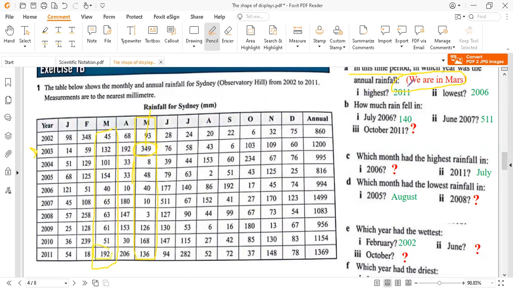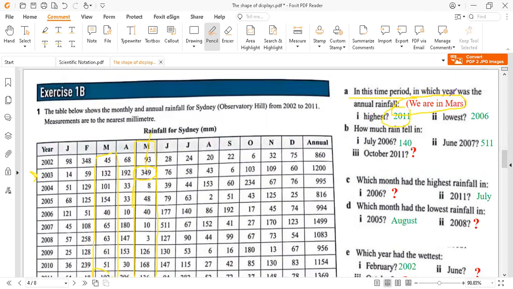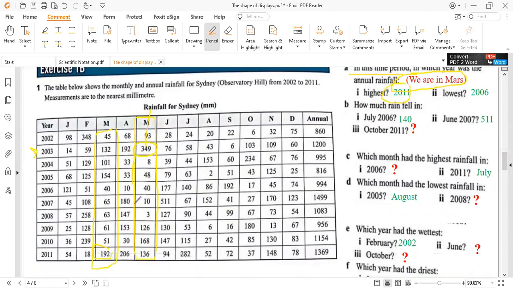So in 2011 was the year when the rainfall was the highest. The lowest is clearly in 2006, with 40 millimeters, to the nearest millimeter.